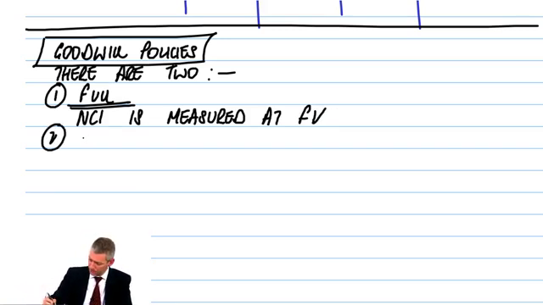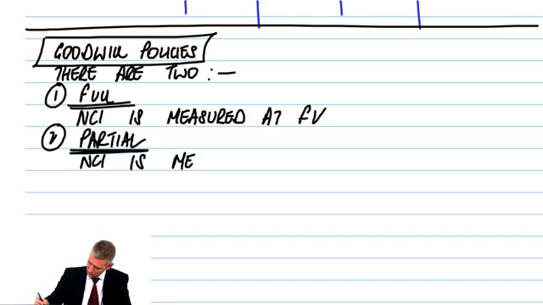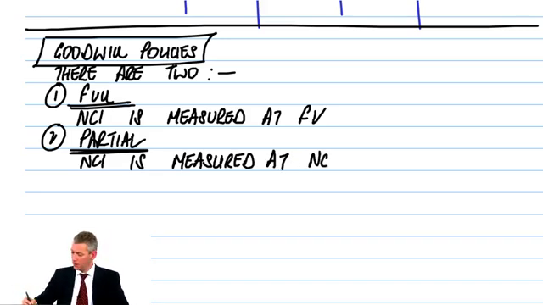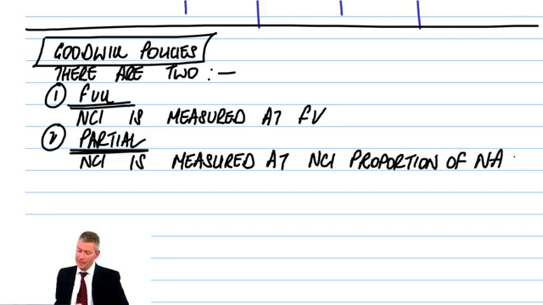Partial goodwill: NCI is measured at NCI proportion of net assets. And it is a slightly longer sentence, implying it's slightly more difficult, which is true, it is slightly more difficult, but not enormously difficult.